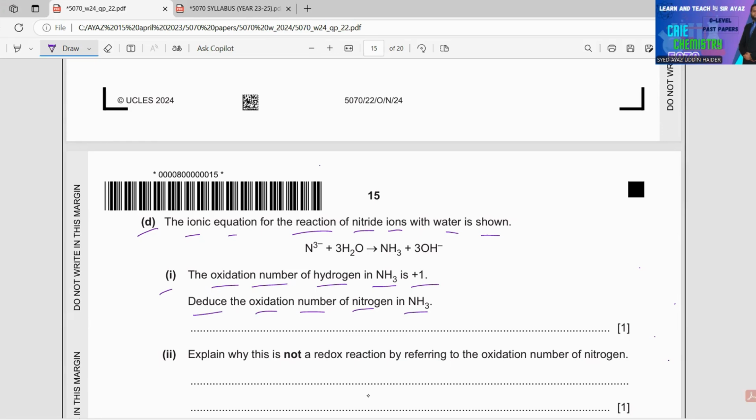Whenever hydrogen is bonded to a non-metal, it must have plus 1. So x plus 3 equals 0, so it must be minus 3.